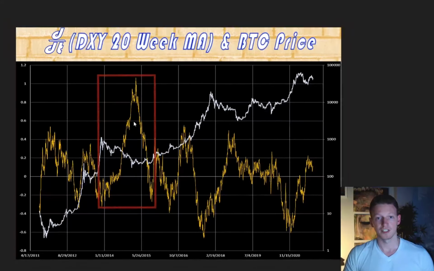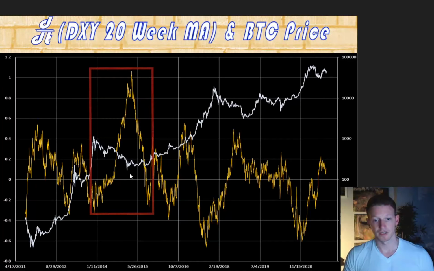Then we come to this cycle here. This is in the aftermath of Bitcoin going on its run. So you can see as DXY bottoms out down here and starts to come up, it hits zero. And notice when DXY bottoms here, this is late 2013, early 2014.